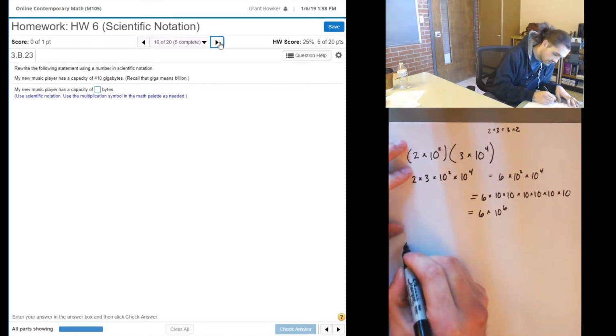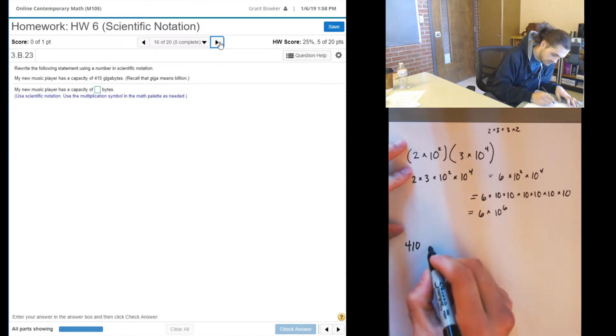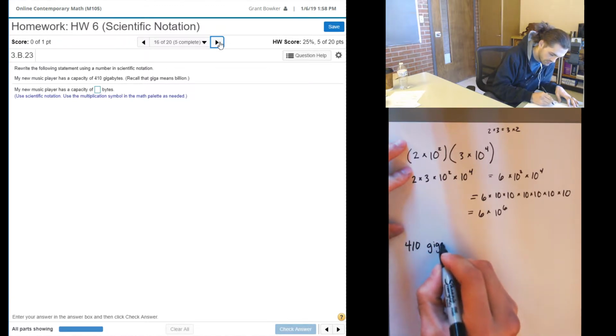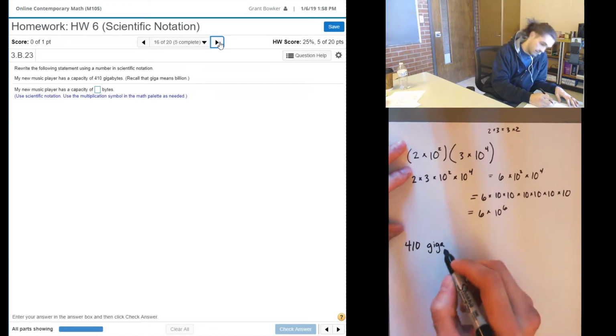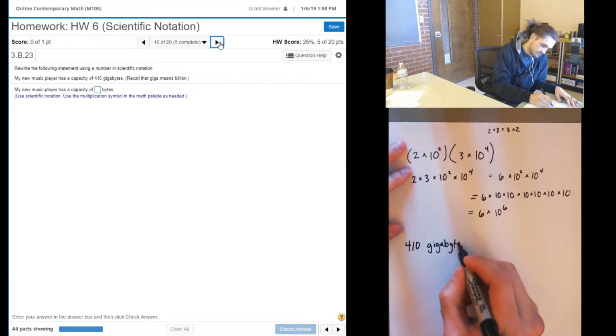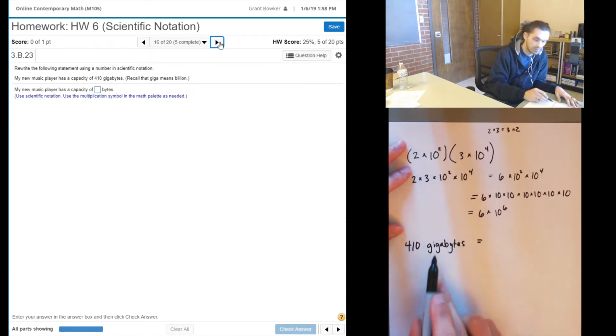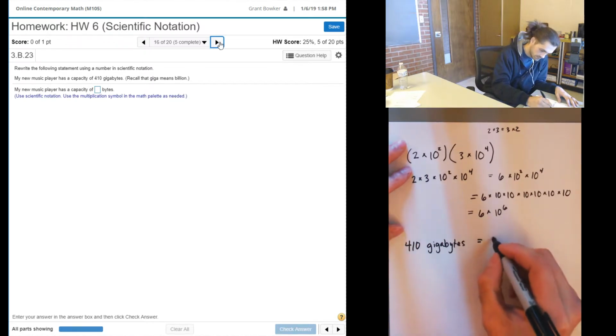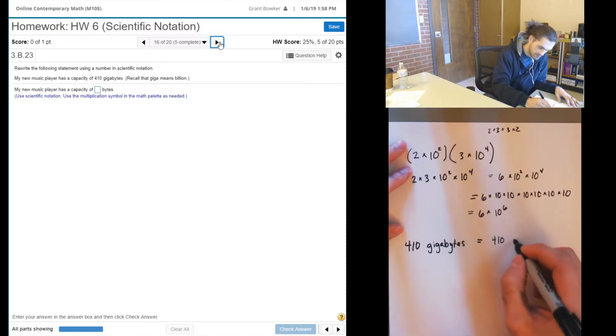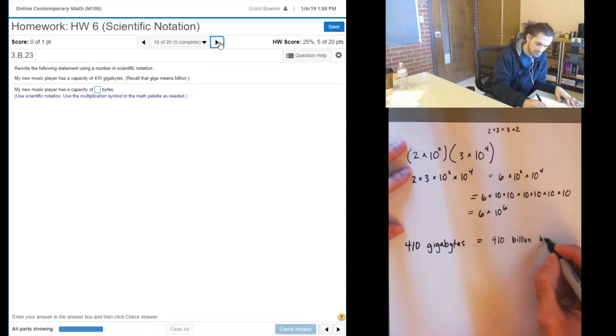So we have 410 giga bytes. Giga means billion. So I have 410 billion bytes. B-Y-T-E, yep.